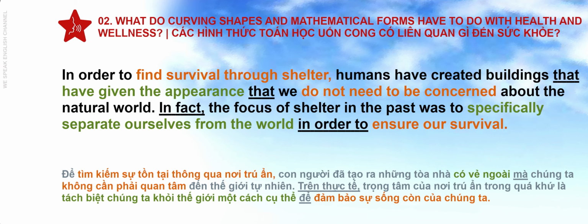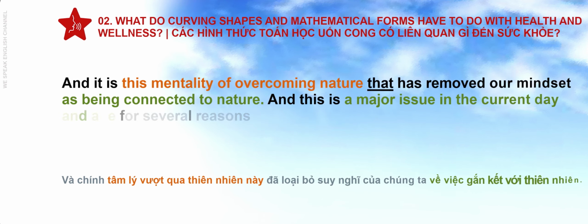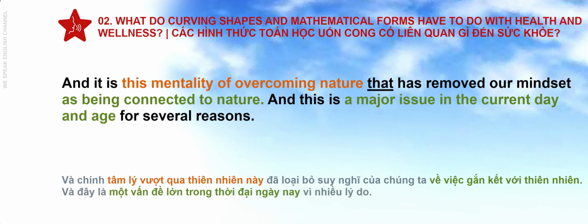In fact, the focus of shelter in the past was to specifically separate ourselves from the world in order to ensure our survival. And it is this mentality of overcoming nature that has removed our mindset as being connected to nature. And this is a major issue in the current day and age for several reasons.